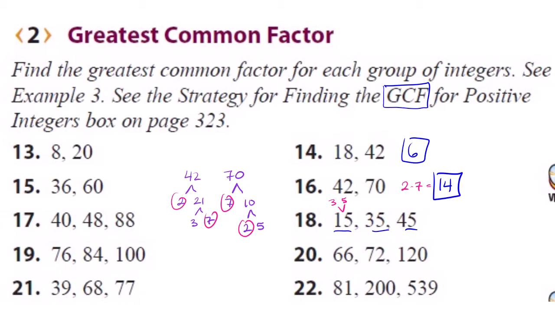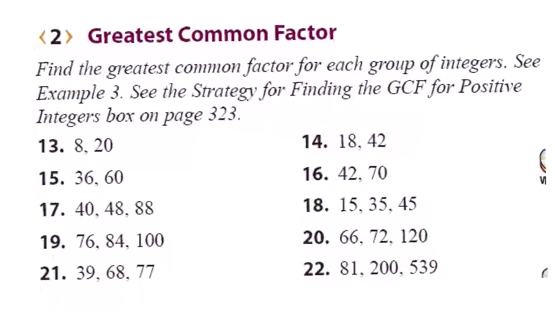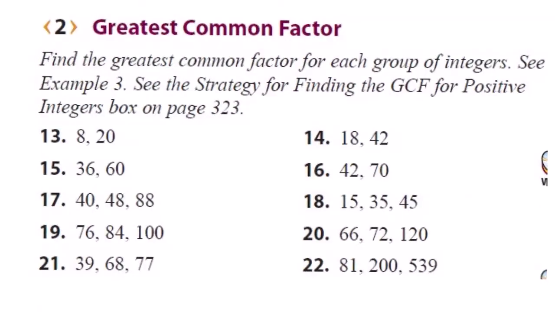No. So since 3 does not go into 35, that means 5 is the only common factor that works with 15 and 35. And we know 5 goes into 45 as well, right? So 5 is the GCF. So sometimes you might be able to do it without breaking all the numbers down into a factor tree or a list of prime factors. So it kind of just depends.